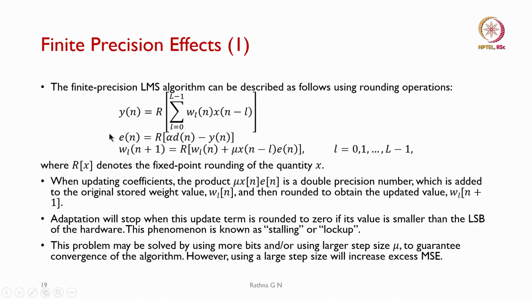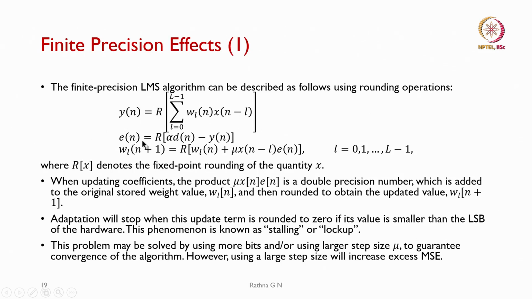Continuing, the finite precision LMS algorithm can be described using rounding operations. We know that y of n is going to be rounded; here it is not the autocorrelation matrix we are representing, it is the rounding. The magnitude of the FIR filter equation is going to be rounded.